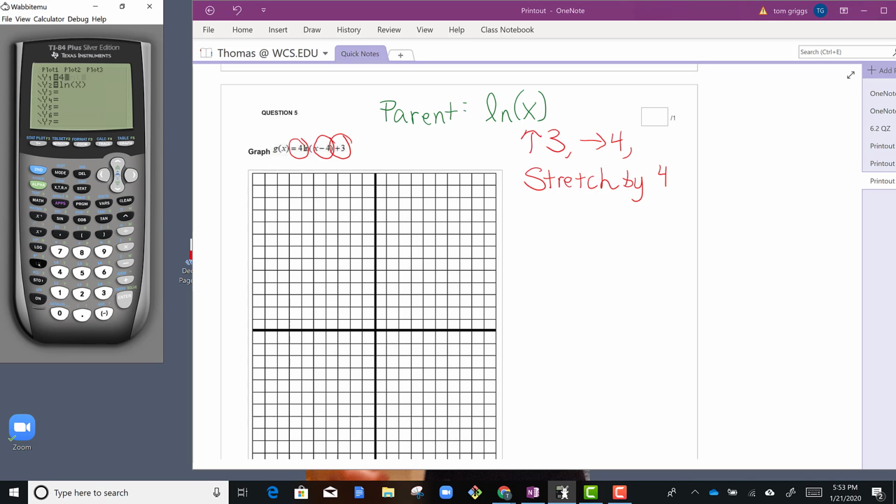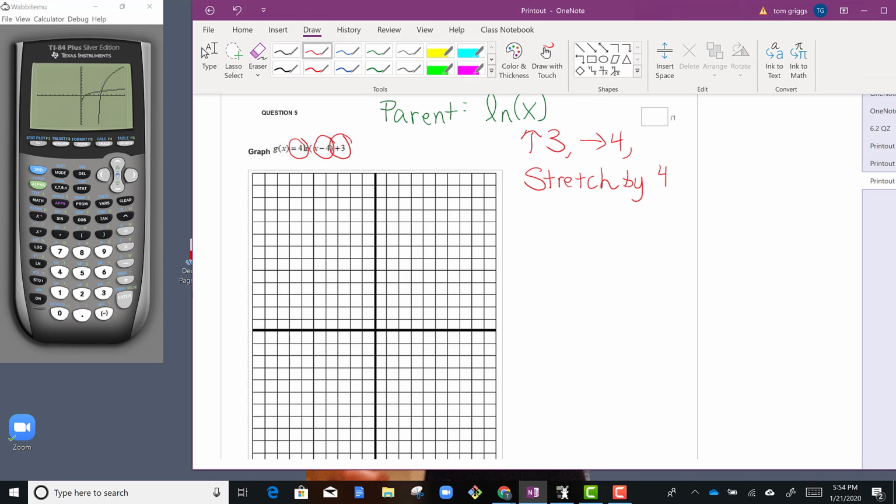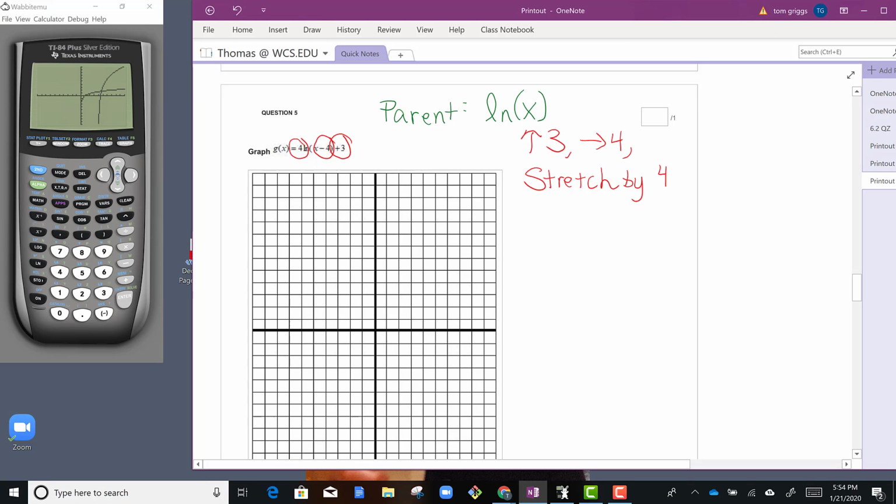It's 4 times the natural log of x minus 4, close parenthesis, plus 3. And all of these shifts should be happening here. We should be going up 3, right 4, and it gets stretched out. You can kind of see the stretch there. But the main thing you want to see is the asymptote has been shifted from the y-axis to x equals 4.